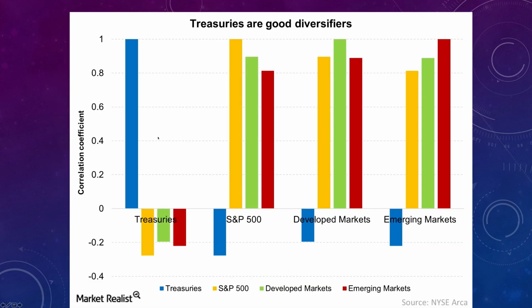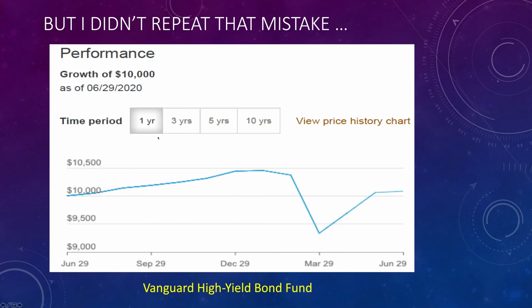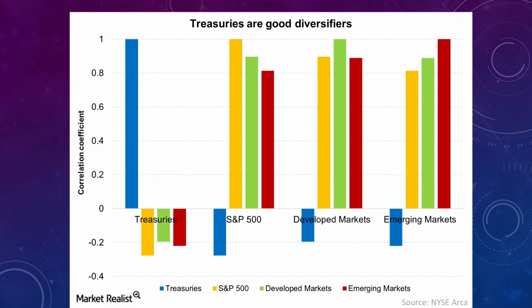Treasuries are probably the best diversifier from the standpoint of looking at types of bond funds. Then certainly the best diversifiers when it comes to the stock market. When the market goes up in value, here are U.S. Treasuries. All right, what is the correlation of large company U.S. stocks as measured by the S&P 500, developed markets, emerging markets?